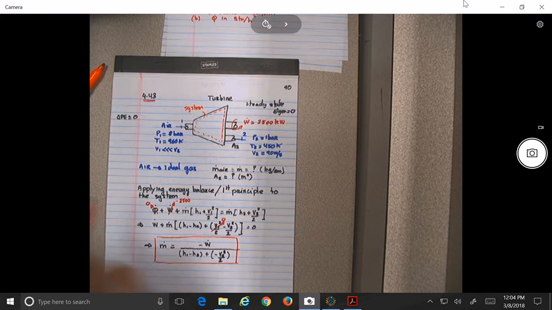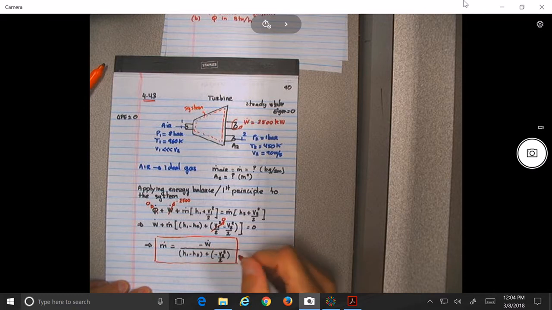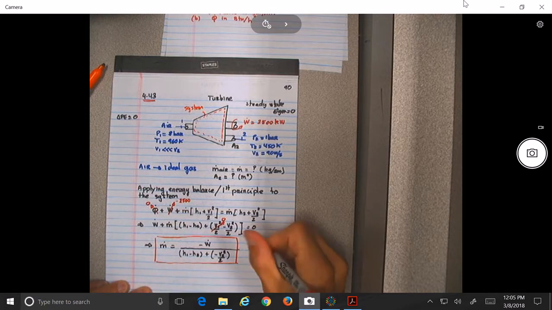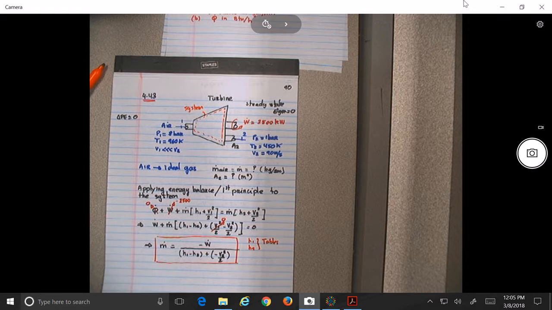Okay, so in this equation, we know W, we know V2. Do you know H1 and H2? You can go to the tables, no? Okay? So you solve the problem.